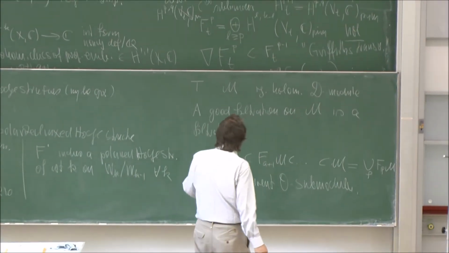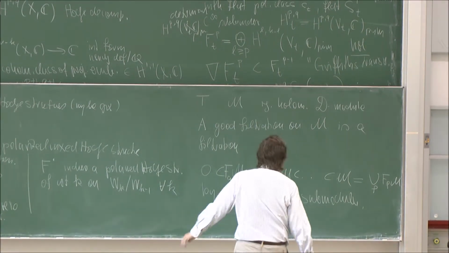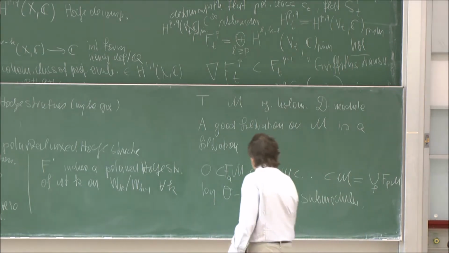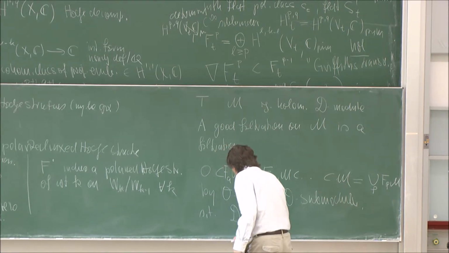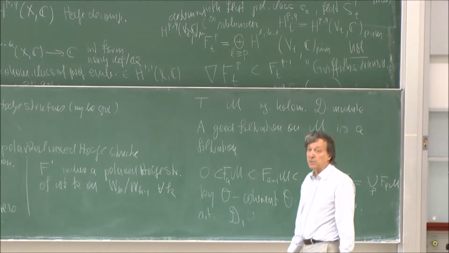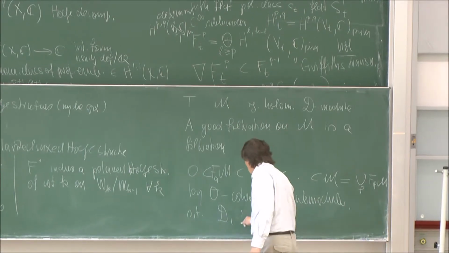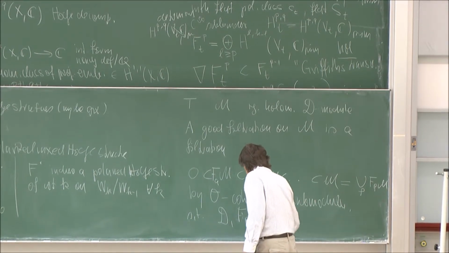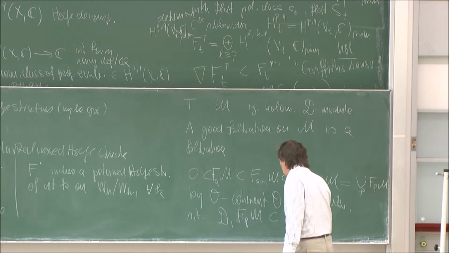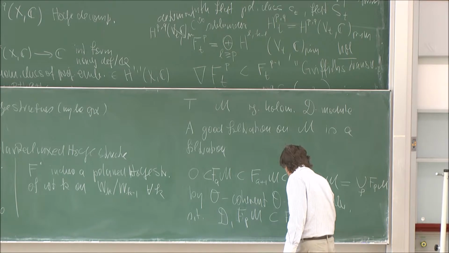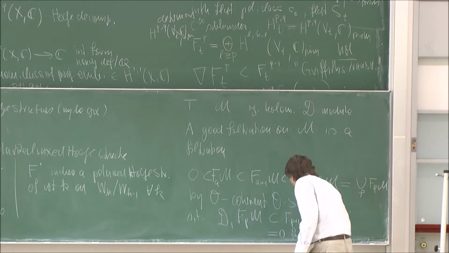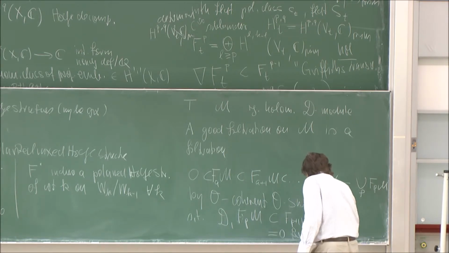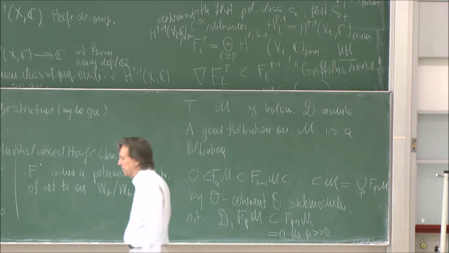So this is supposed to be a filtration by O coherent O submodules, such that when you apply D_1, meaning differential operators of degree 1 or less, to F_P of M, it sits inside F_{P+1} of M, and this is an equality for P sufficiently big. So that's the notion of a good filtration.